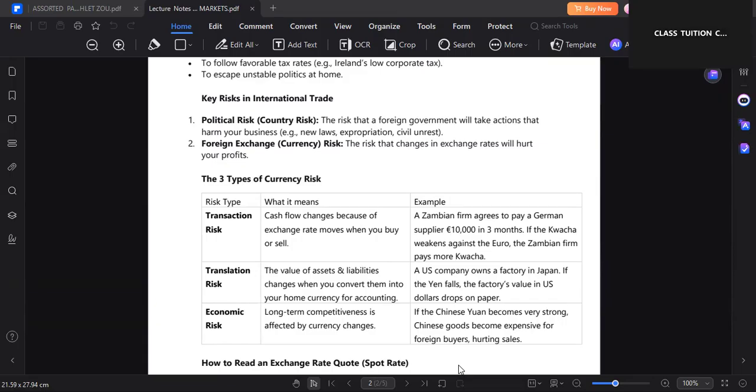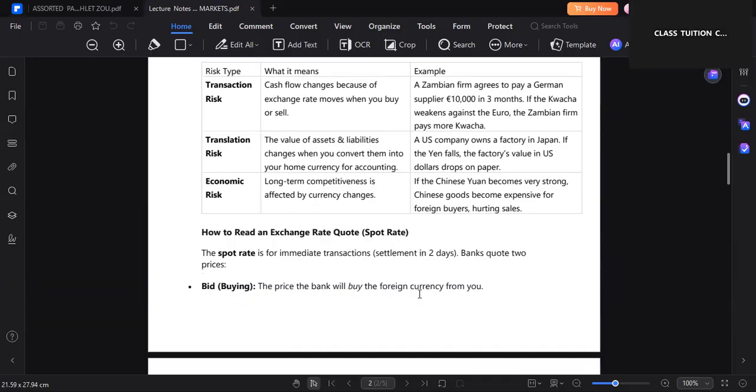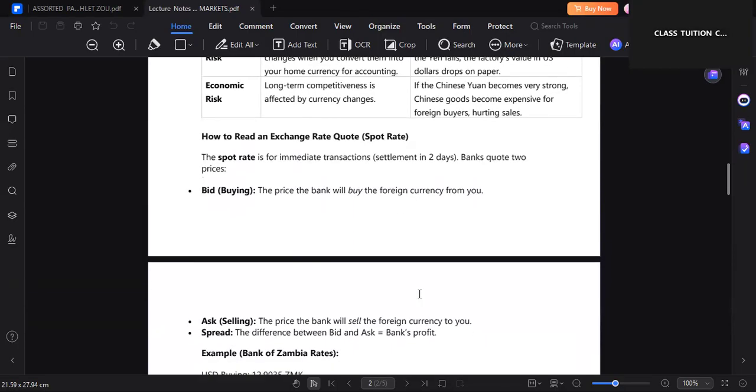So we now get practical to understanding how to convert currency, so exchange rates. We have heard of what is called a spot rate.